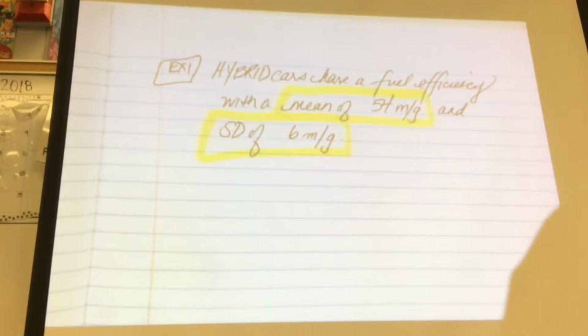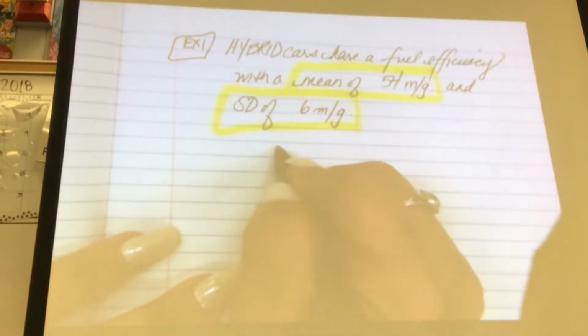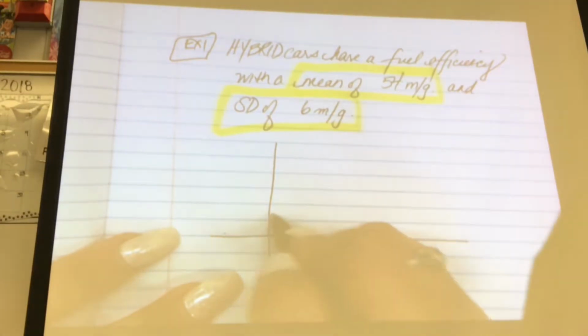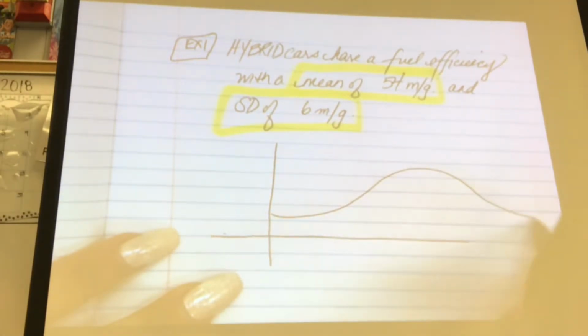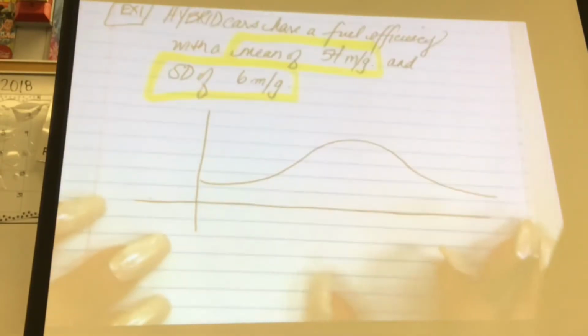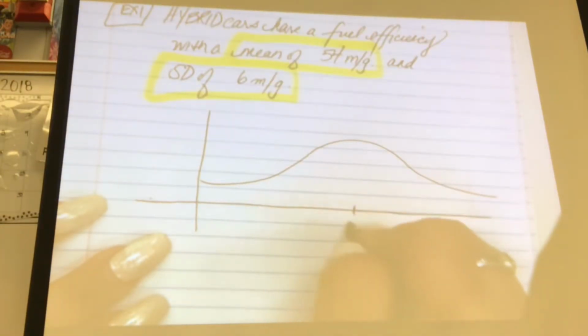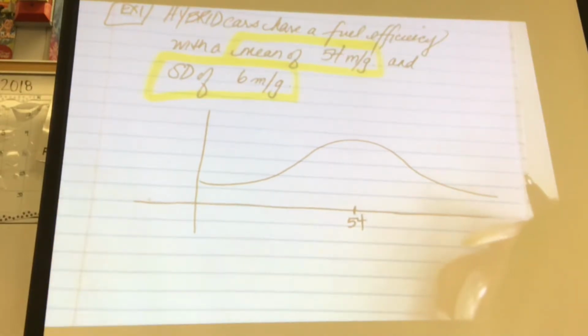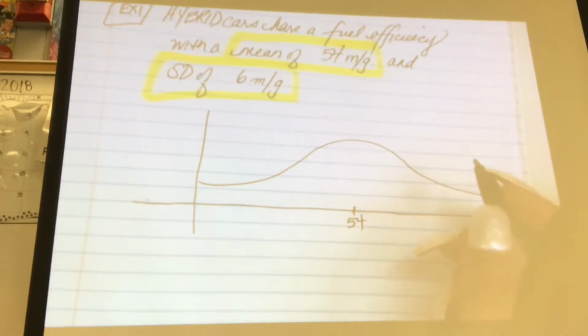So we're going to do what we did yesterday. We're going to draw our bell curve. Our mean is 54, with a standard deviation of 6.